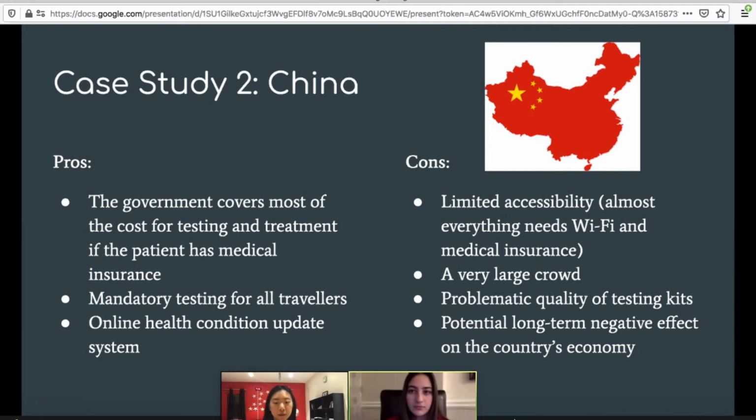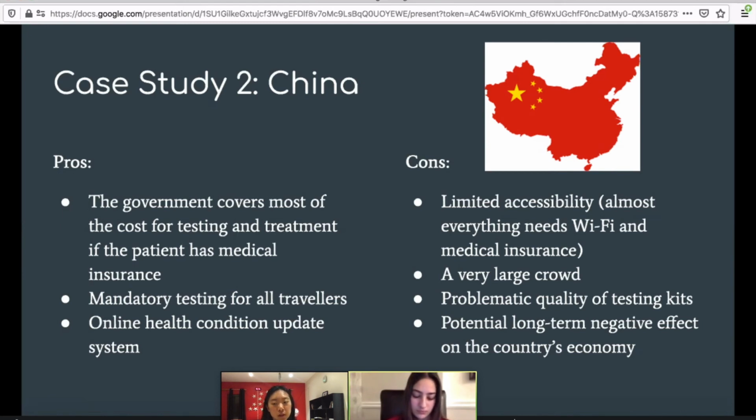China is the place where this virus outbreak started, and it's also my hometown, so I'm going to talk about it. The policies China has for now for testing coronavirus are pretty effective. However, even though this is an effective policy, it has its own pros and cons. For the pros, the government covers most of the costs for testing and treatment if the patient has medical insurance.